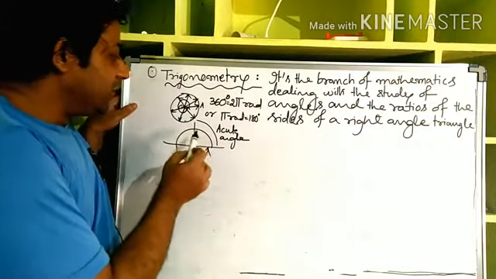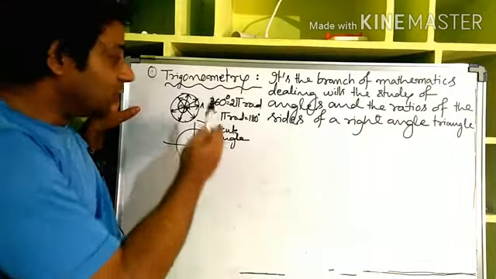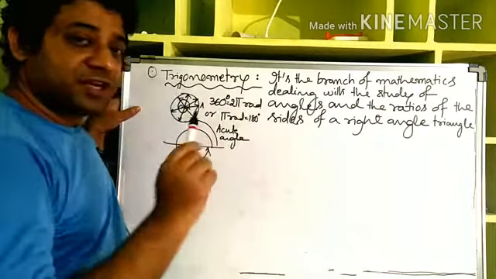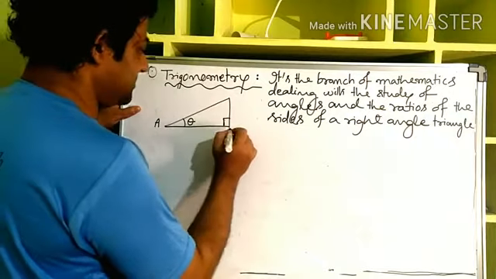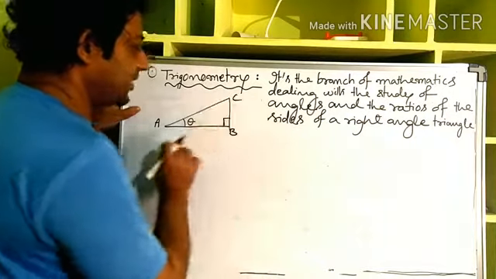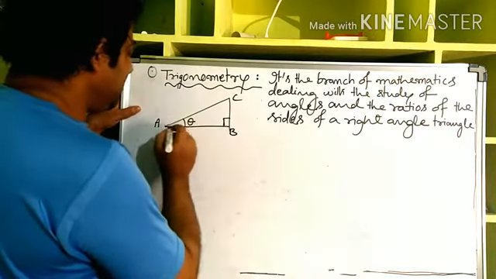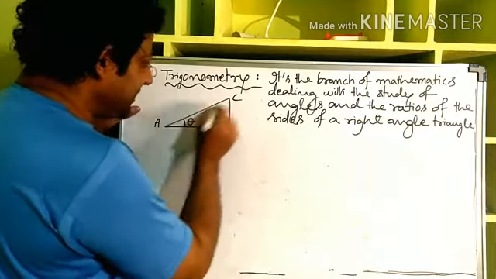But what we'll do now is, for some standard acute angles, we'll define the ratios first. Those are called trigonometric ratios or T ratios. Let us say this is theta. Let us assume one right angle triangle, right angle at B. There are three sides, right?